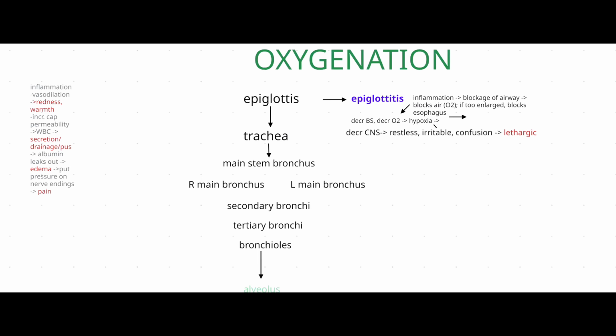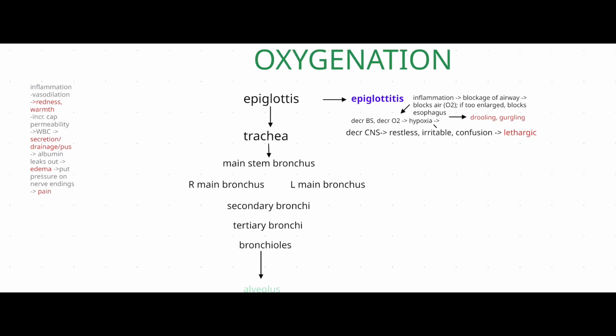So this is another presentation. So we'll put that in red. That is another presentation of someone with epiglottitis. Okay, so in a child with epiglottitis, what do we look at? Lethargy, drooling, gurgling, because they can't swallow, their epiglottis is too enlarged. Air can't go in, saliva can't be swallowed, okay? We'll talk about nursing interventions and other considerations later on, okay?